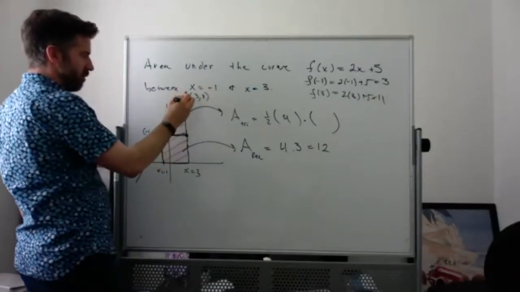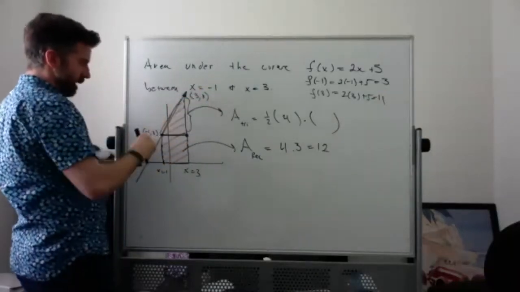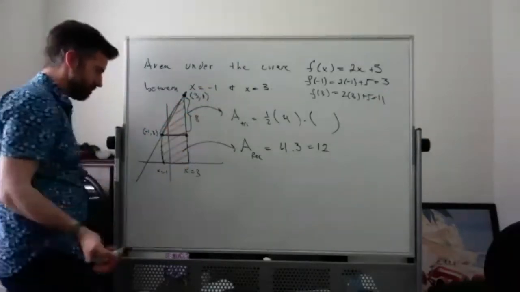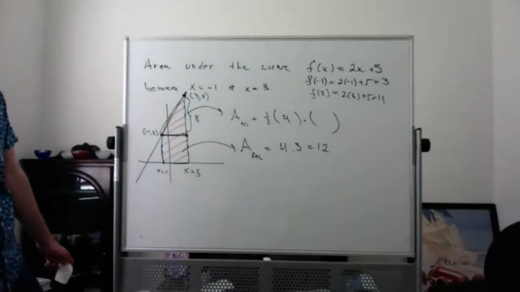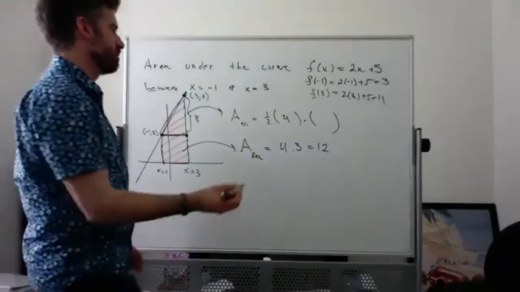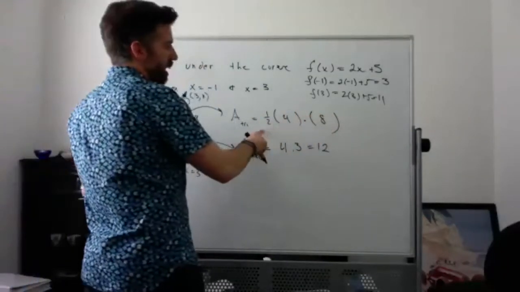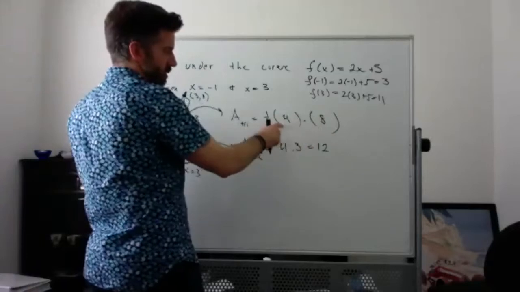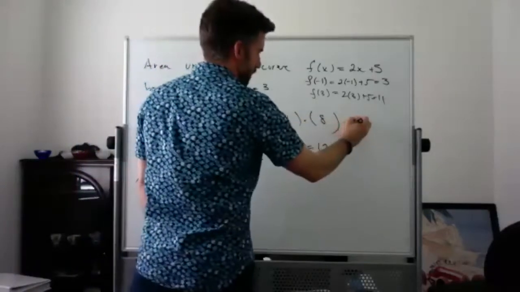So the height of my triangle is 11 minus 3, which is 8. So you get 1/2 times 4 times 8, which is 2 times 8, which is 16.